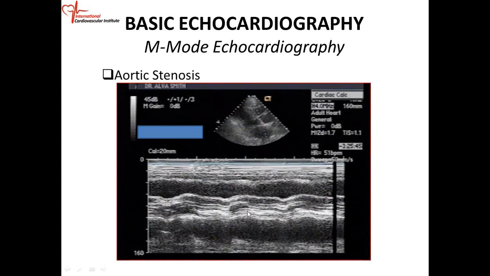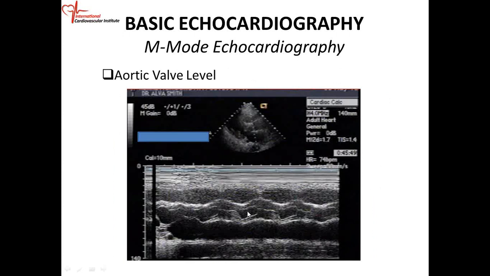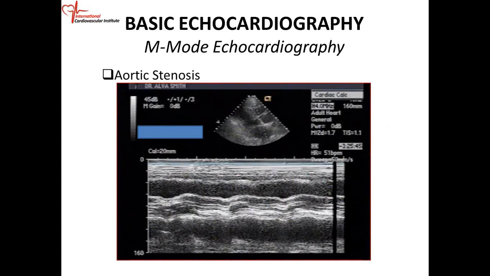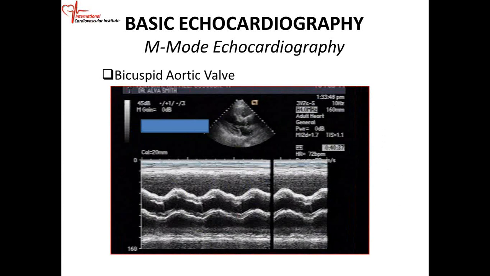So when you look at this compared to what this looks like, you can probably figure out that because this is now thickened, the separation of the cusp is much less. And in diastole, you can see that the aortic valve is very thick. Okay, so if you see this in the exam, one of your answers should be aortic stenosis.